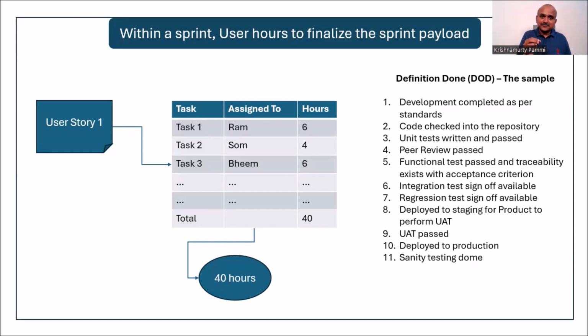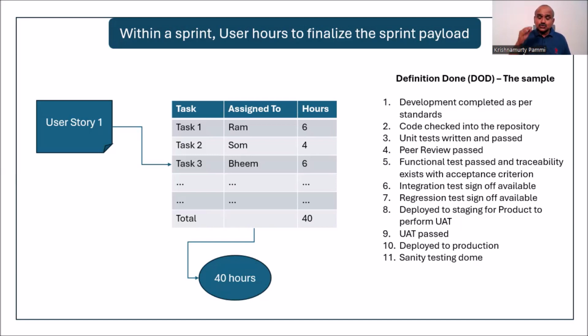In many teams where the sprint payload is decided based on story points, either they are doing repeatable work with normal complexity, that's why it is working there, or many stories are getting spilled over to multiple sprints. And this is another problem. When stories are getting spilled over to multiple sprints, the business will have a problem because their predictability will suffer. That is why during a sprint, you must use hours to estimate.